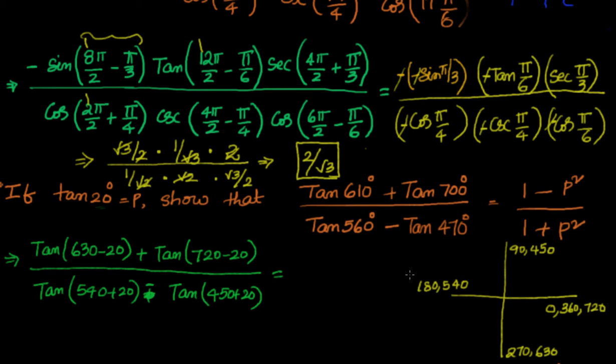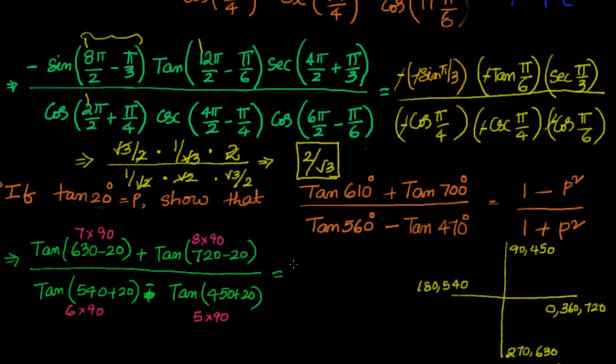Now let us see how the values are changing. See here, 630 equal to nothing but equal to 7 into 90, 8 into 90, this is 6 into 90, this is 5 into 90. Wherever n is odd, tan will become cot. We know that.